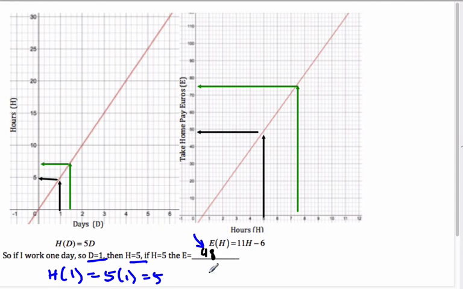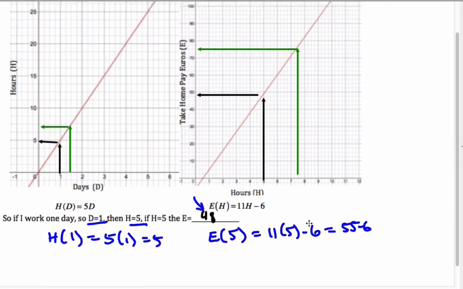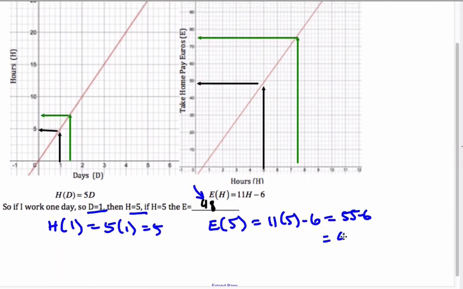If I want to find how many euros I make, I plug in 5. And that means I'm going to have 11 times 5 minus 6, which is 55 minus 6, which is 49 euros. That's pretty close. I could see how that's 49. And so the days control the hours, and the hours control the euros.